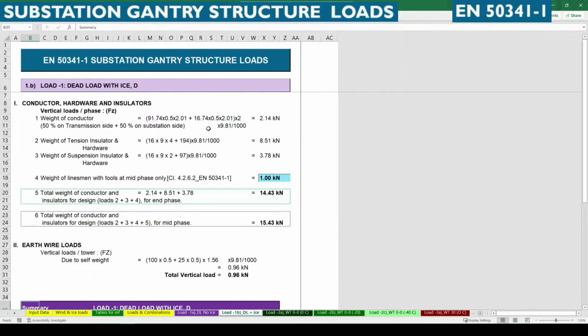So this 2.01 again multiplied into this span, the effective span of a conductor on both sides, we are getting 2.14. Similar to a tension insulator, the value became the same as we calculated in the dead load with no ice condition, because the insulator is made of porcelain or a glass polymer material that has a sliding property or low friction.